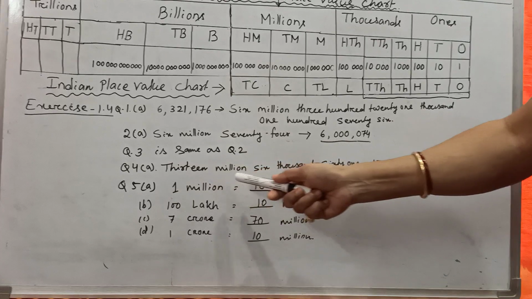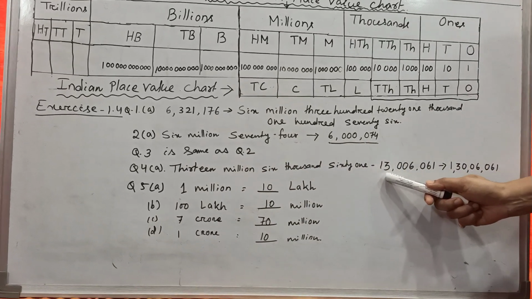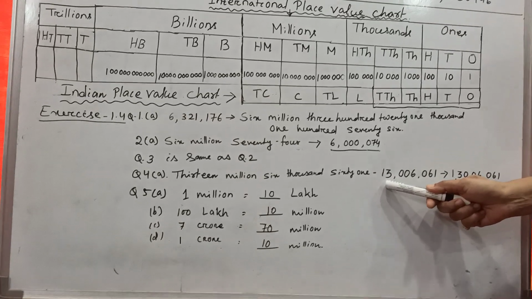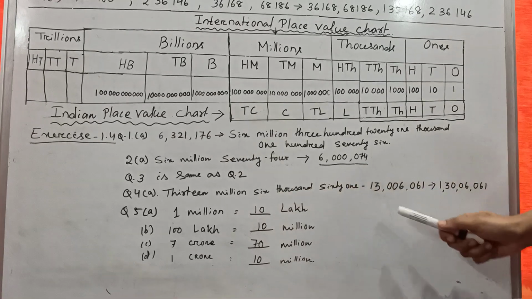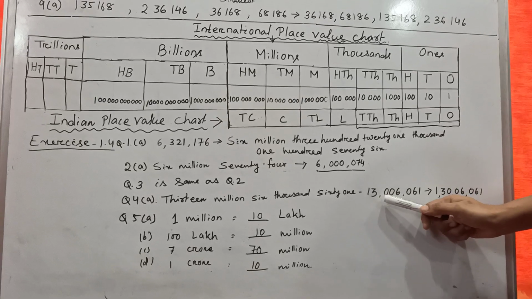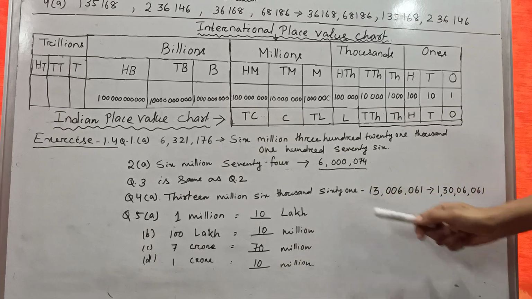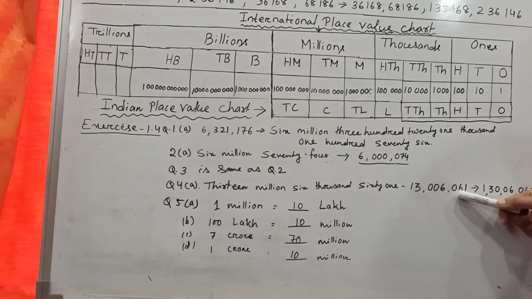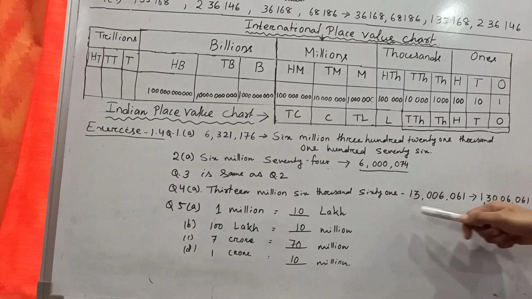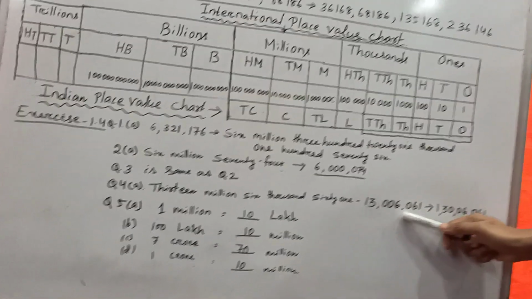See, 13,006,061. How to write? 13 million. 13 is in the million place. 6,000, so it must be a 3-digit number, 006. You have to write 006, that is 6,000. Then 61. Here also you make a 3-digit number, that is 061. This number is written in the international place value system.